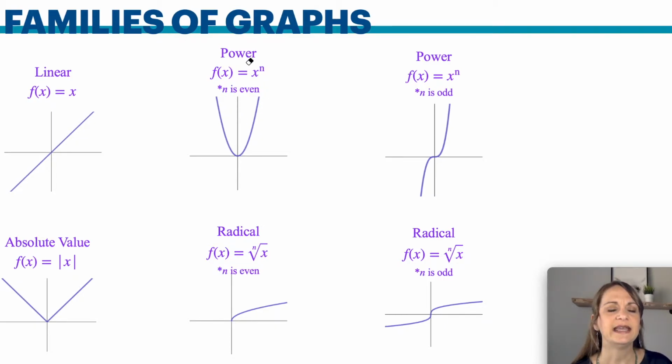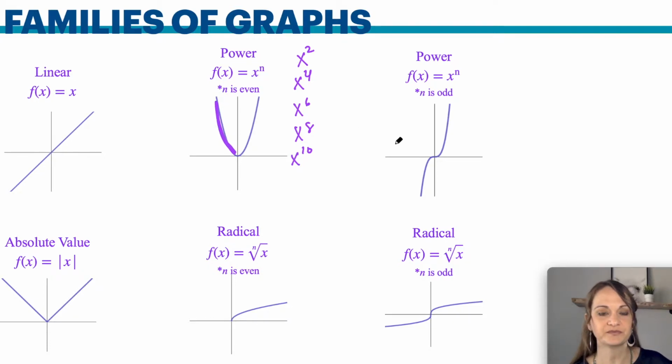However, if you notice, any x that's raised to an even number, so if you had x squared or x to the fourth, x to the sixth, x to the eighth, x to the 10, they are all parabolas actually. If it is an even number, you are going to get some type of U shape. Now, if the power is odd, then on the right, you're going to have it going up. But on the left, instead of it going up like it is over here, it becomes the negative, because when you have a negative raised to an odd number, it actually becomes negative.